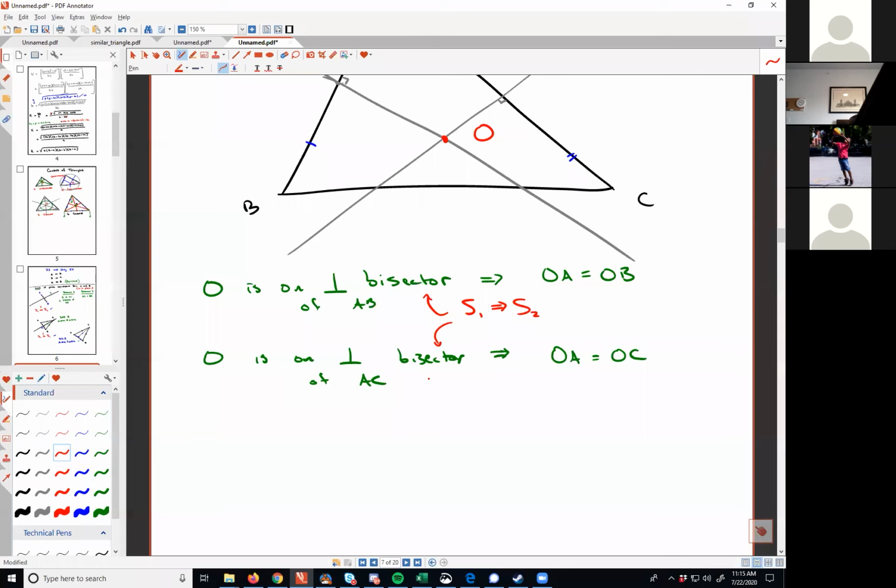But now we know that OA equals OB and OA equals OC. Therefore, what must also be true? OB equals OC, by transitivity.